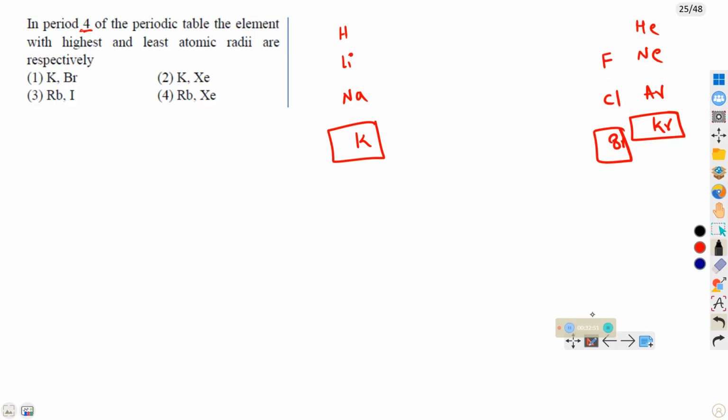Okay. In period 4 of the periodic table, for the elements with highest and least atomic radii, there is no krypton, so neglect it. Correct answer: highest is potassium, lowest is bromine. First option.